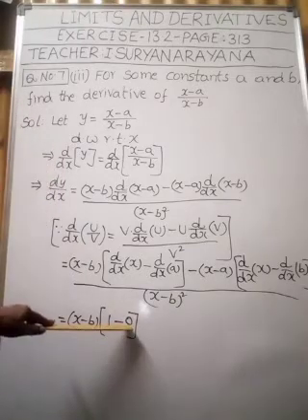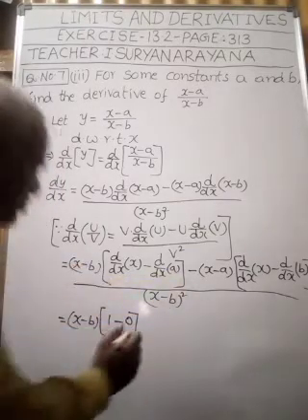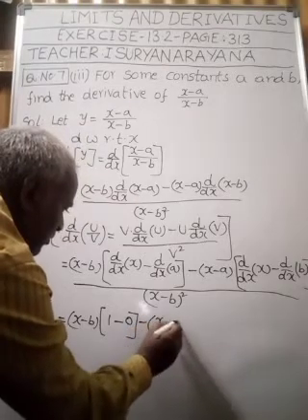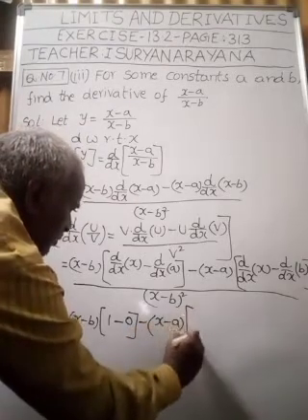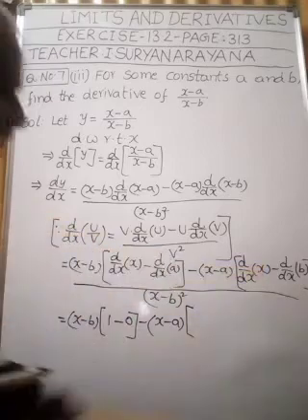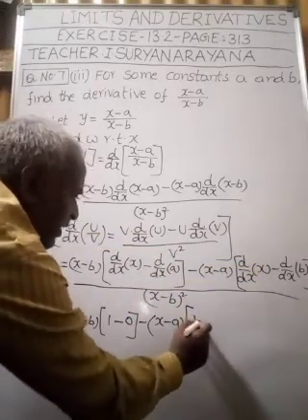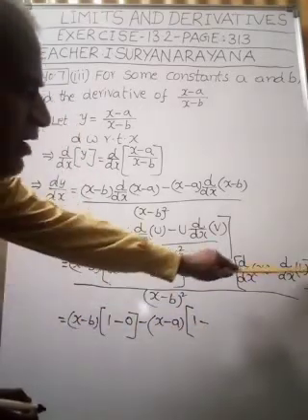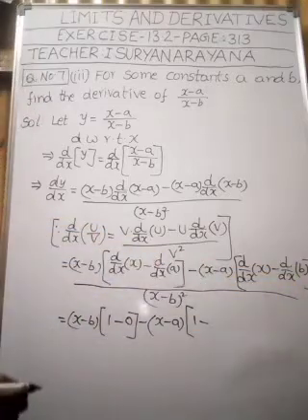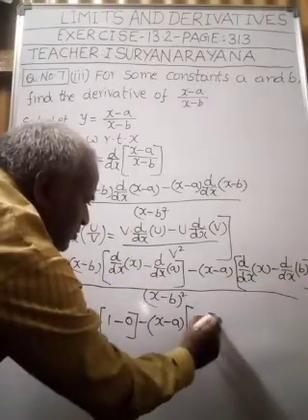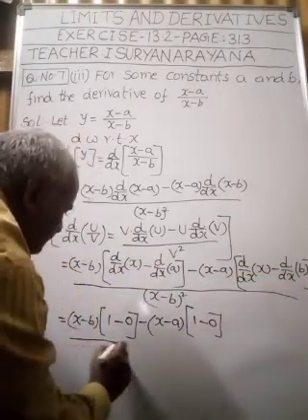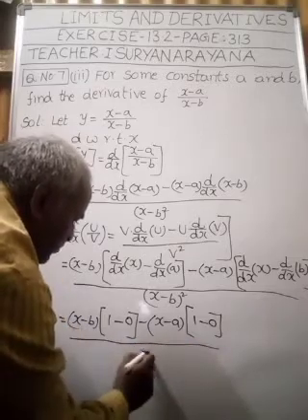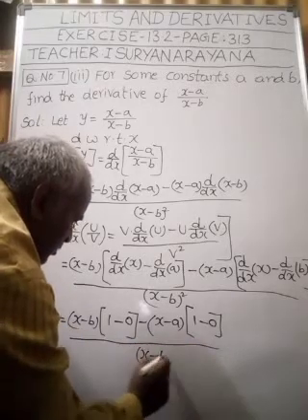Okay, my children, understood this 0. Right. Minus of x minus a into again d by dx of x is 1, minus d by dx of b, which is a constant. Okay, my children. Right. Its value is 0. Whole divided by x minus b whole square.